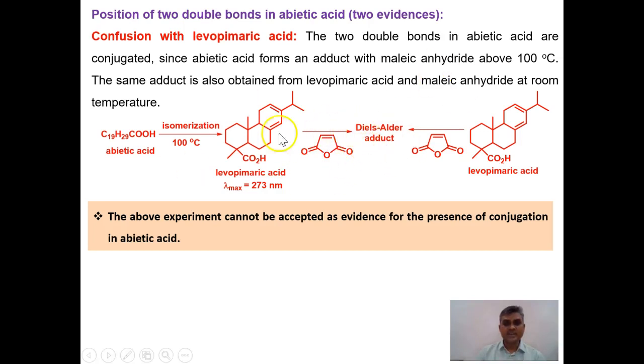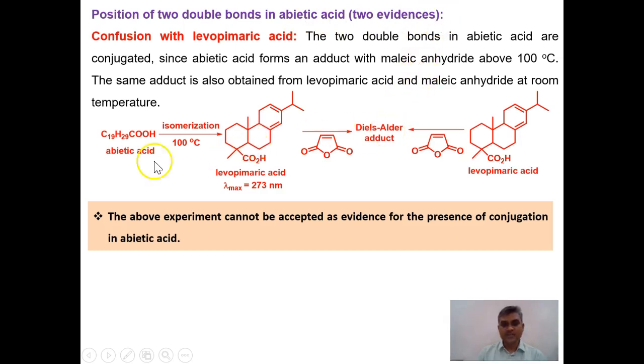Now this Diels-Alder reaction was misleading for the structure of abietic acid. Abietic acid forms an adduct with maleic anhydride when it is heated at 100 degrees centigrade, and this adduct is the same as that of levopimaric acid. From both structures it is clear that the two double bonds are conjugated, that's why the Diels-Alder product is formed.